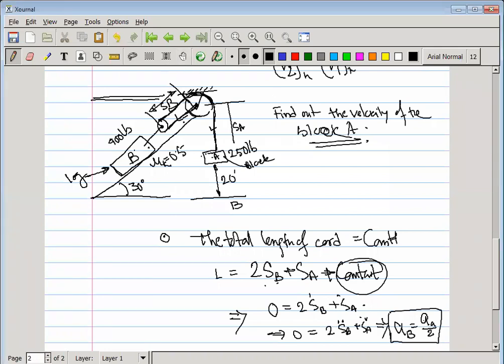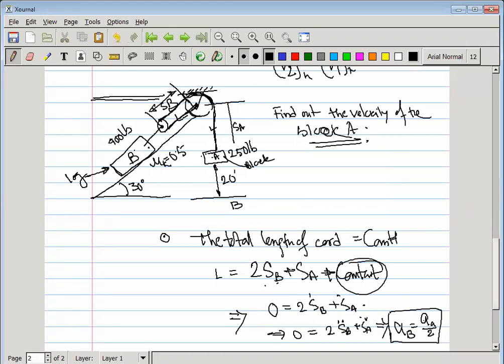This is the basic idea from when we gave the lecture on independent motion, where we talked about how the length of any string, cable or cord is always dependent on the two blocks. Here there are two wrappings of the cable, so 2 into S_B, and one wrapping, so 1 into S_A.